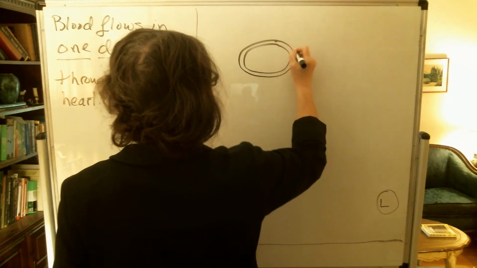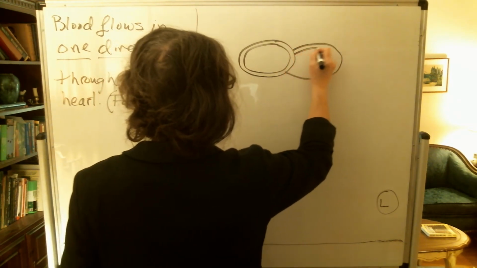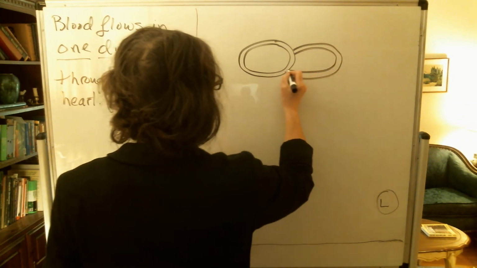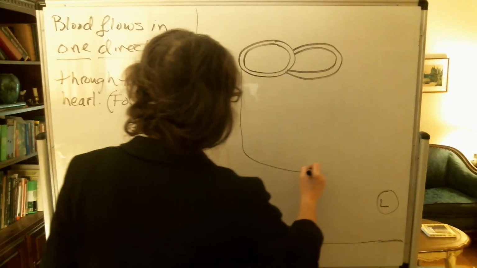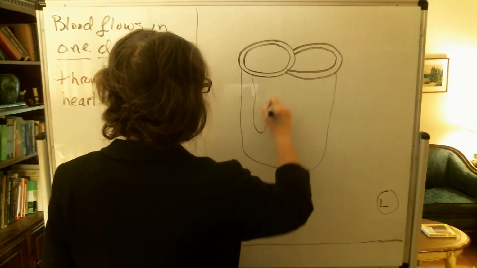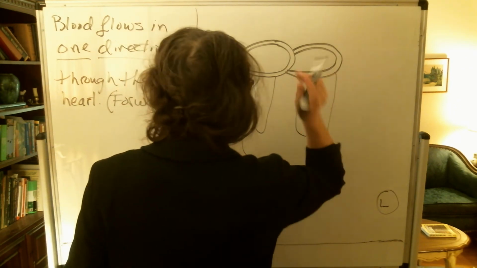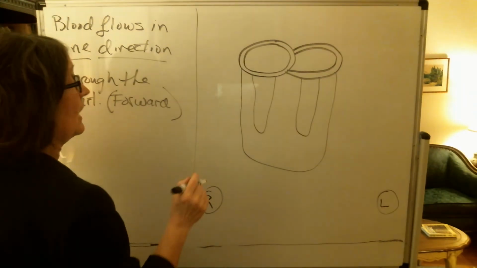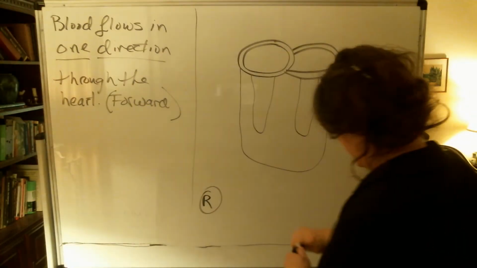So we have the 2 atria side by side like this, and we have the 2 ventricles down below like this. And the atria do indeed have thinner walls than the ventricles.